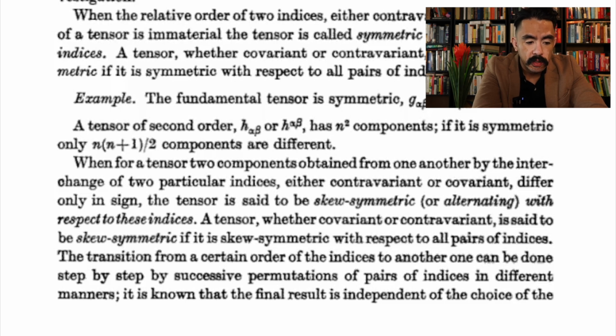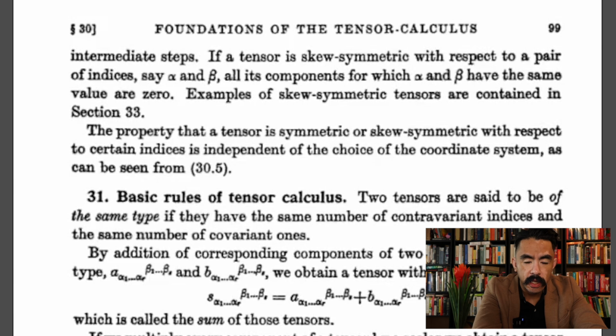It is known that the final result is independent of the choice of the intermediate steps. If a tensor is skew symmetric with respect to a pair of indices, say alpha and beta, all its components for which alpha and beta have the same value are 0. Examples of skew symmetric tensors are contained in a future section, section 33. The property that a tensor is symmetric or skew symmetric with respect to certain indices is independent of the choice of the coordinate system, as can be seen from the previously given transformation laws.